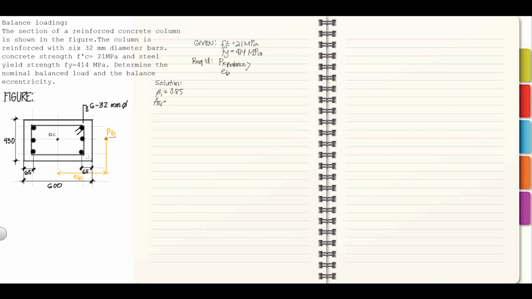As you can see, sa balance loading, I'm going to draw the elevation of this column.